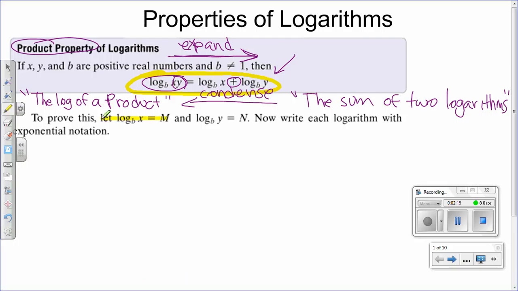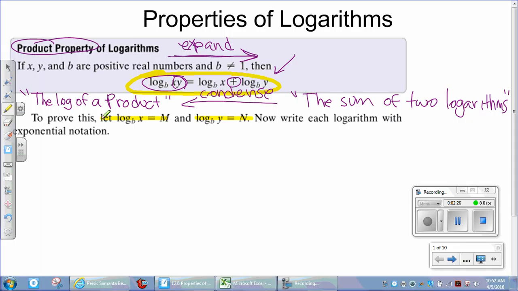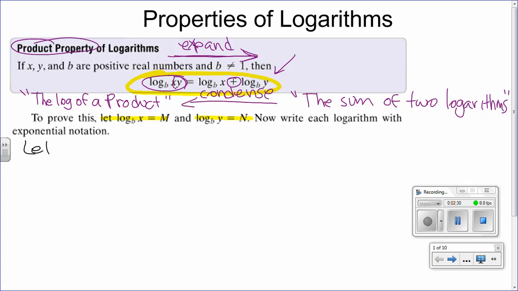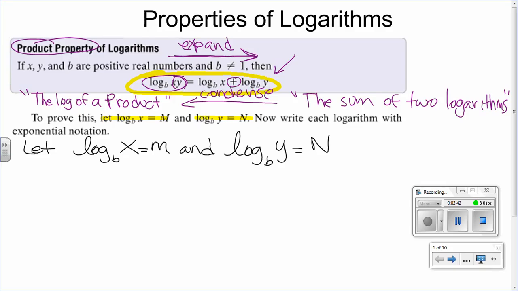Let the log of x base b equal m, and the log of y base b equal n. So I'm just going to rewrite them here.